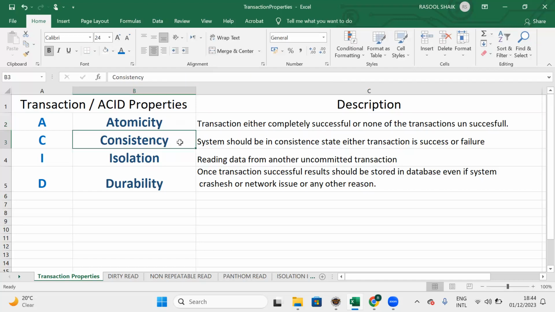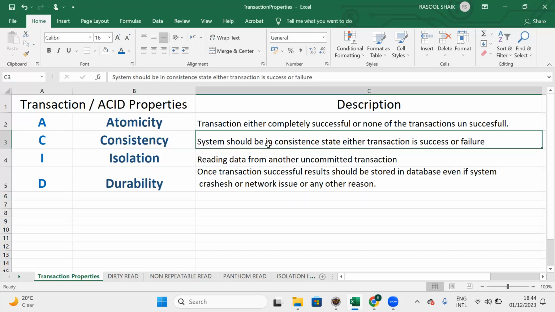Now consistency is nothing but the system should be in a consistent state, whether the transaction succeeds or fails. Some people may get confused about what the system is. The system is any bank account, any online e-commerce application, a Flipkart or Amazon transaction, or Swiggy or Zomato.